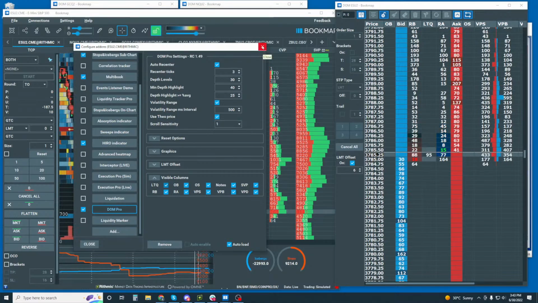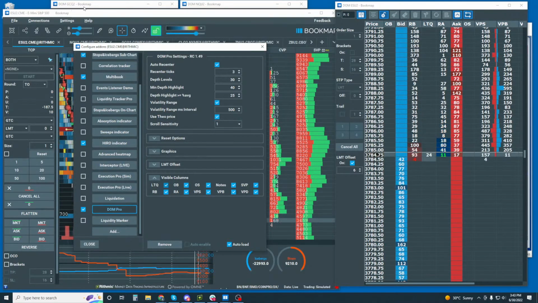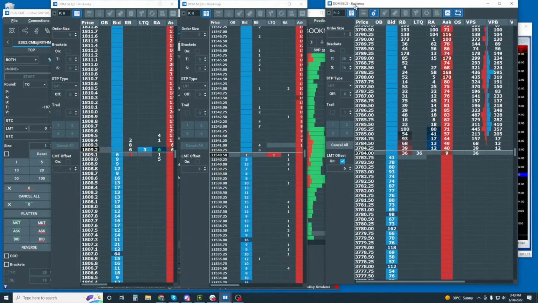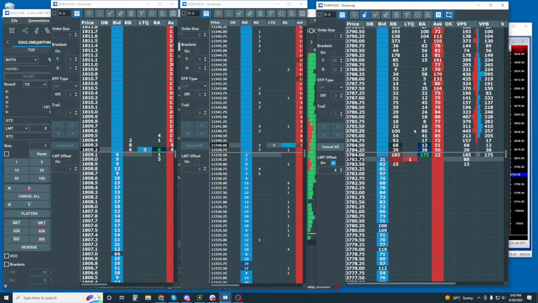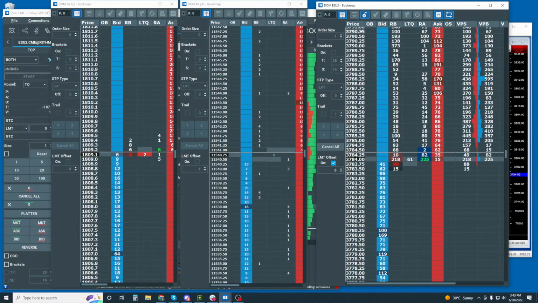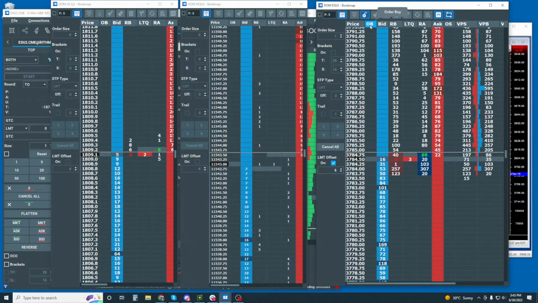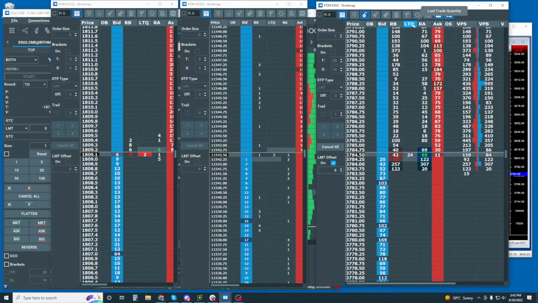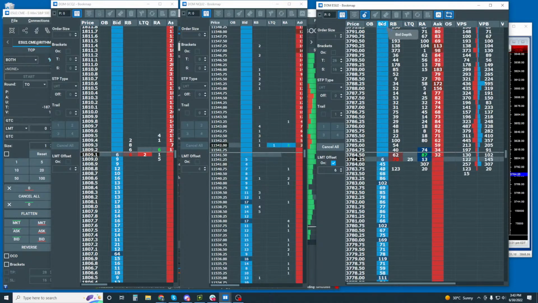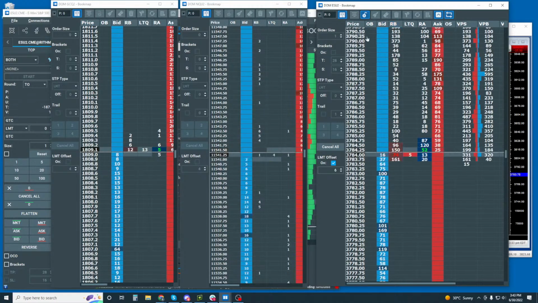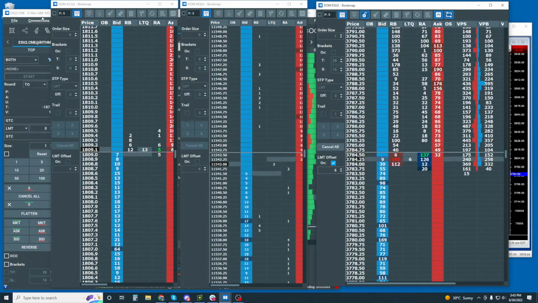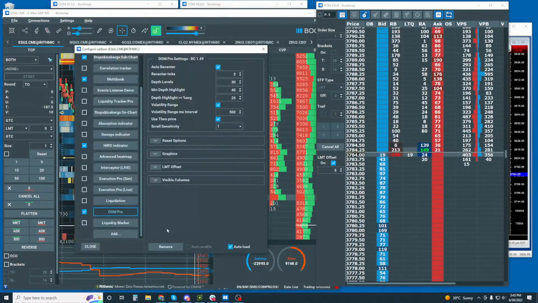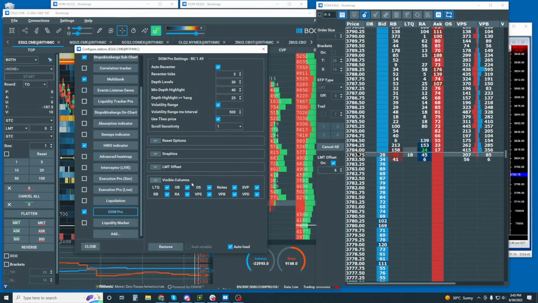You really want to thin this out, and maybe you're looking at 10 different markets that are correlated, like these three here. Let's suppose that you have 10 of them, and you only want to look at price, bid, and offer, and your order setting. That's it. Just customize them that way, using the visualization tool here, visualize columns.